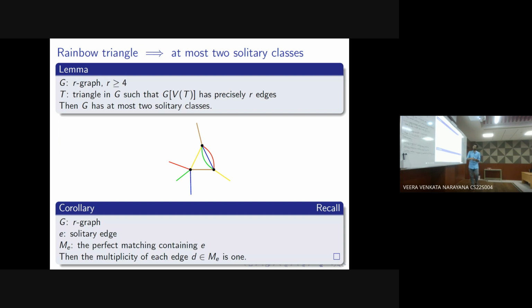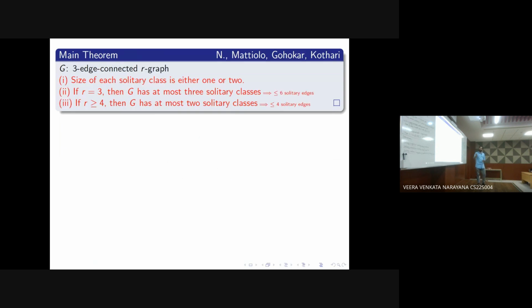In particular, here in the red perfect matching, we can't have any solitary edge by this. Likewise, blue and the green. So now we also proved the third point. If r is at least 4, then G has at most 2 solitary classes. And combining this with part 1, we will get these numbers of solitary edges as a consequence.